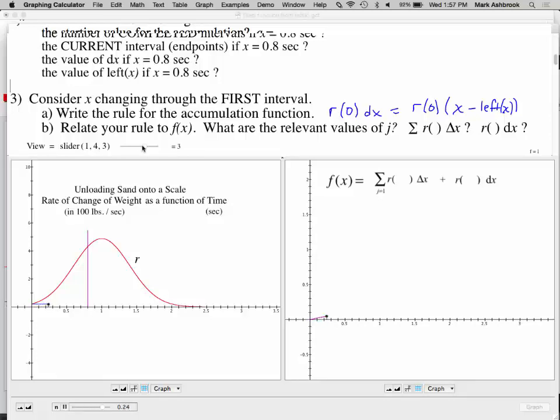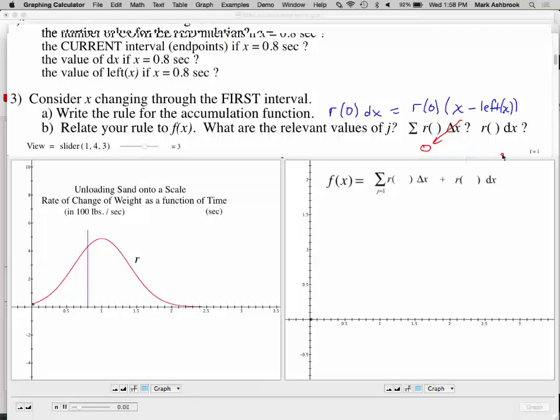Now, what about the sum of R delta x? We'll start there. What is it? It's the summation for the completed intervals. And what is that right now? Our current interval is interval 1. There are no completed intervals. So it's 0. For the first interval, this whole thing doesn't exist yet.